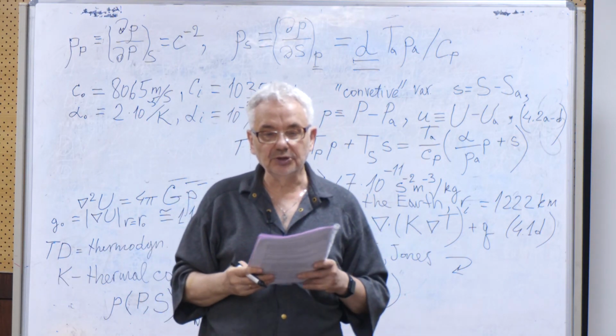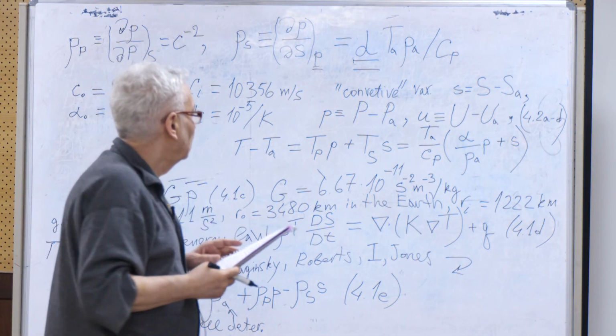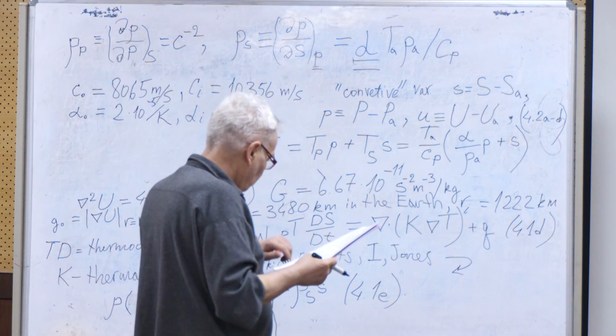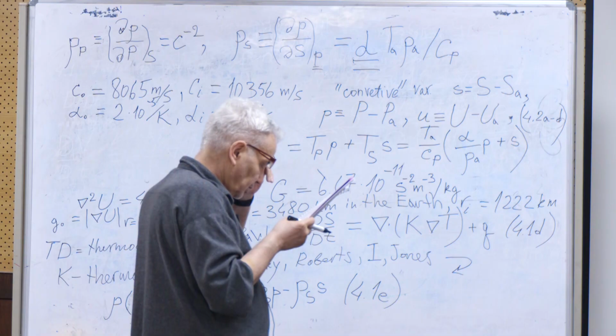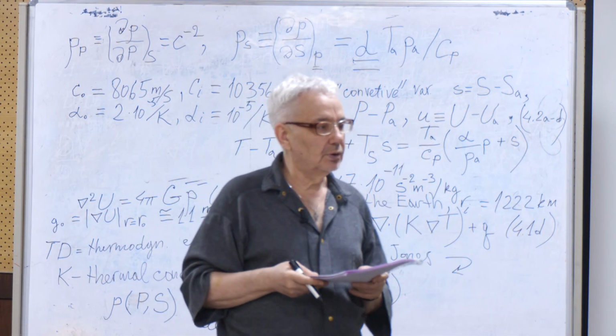All these four relations mean that there is a very tiny deviation from the adiabatic state, and eventually we can put them in the original equation and see how it works.